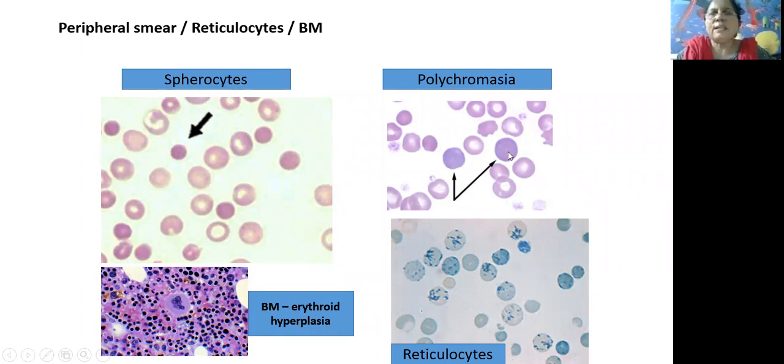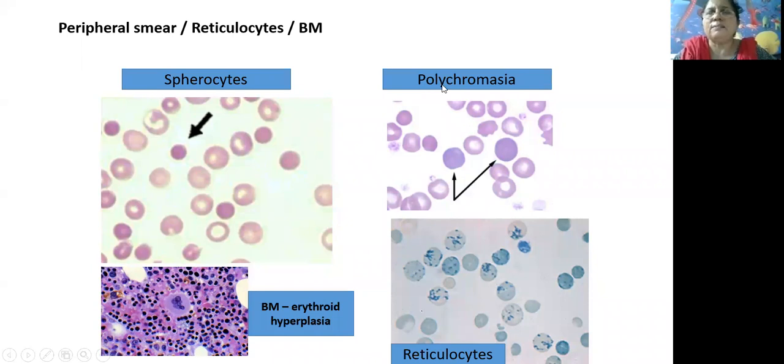microspherocyte. Second is polychromasia. That is because the reticulocyte appears in the peripheral smear like polychromasia. A blue tinge will be there in addition to the pink color. A bluish pink tinge will be there. That is polychromasia.